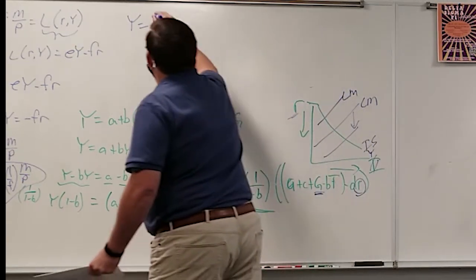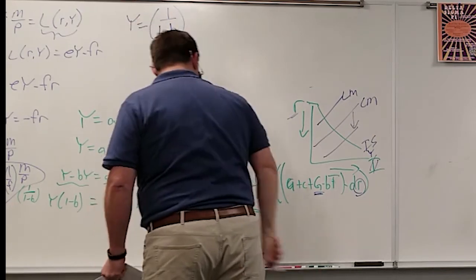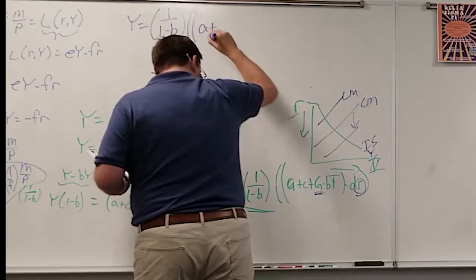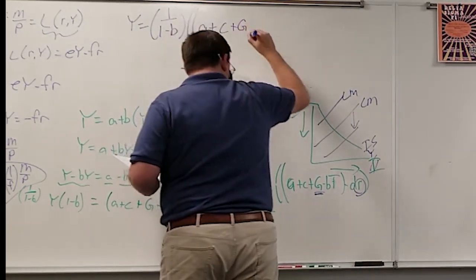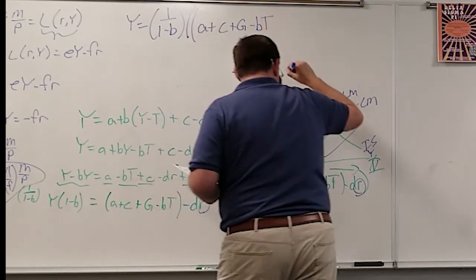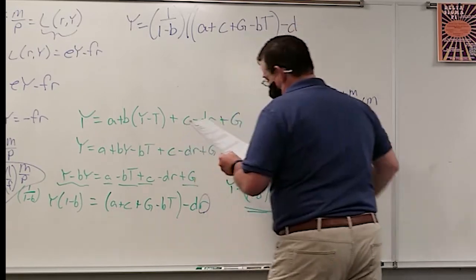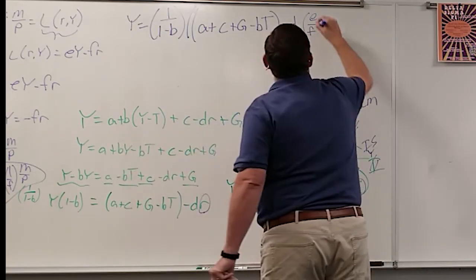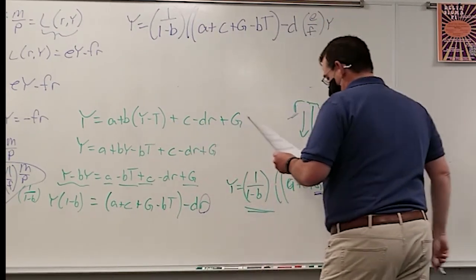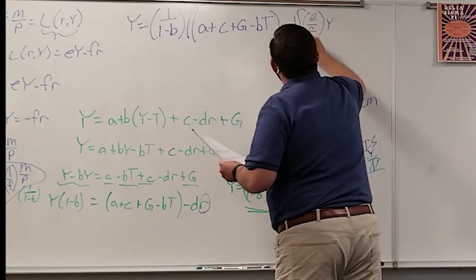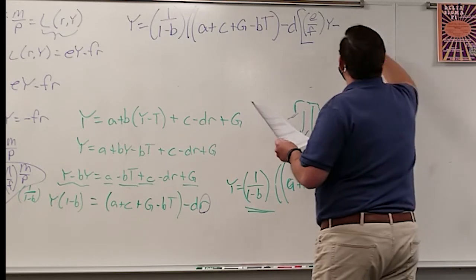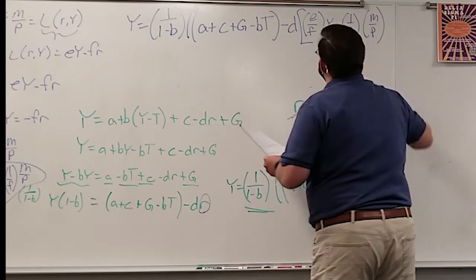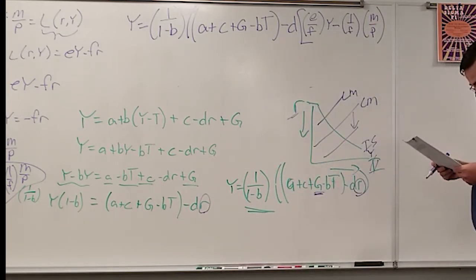Y equals 1 over (1 minus b), open quantities, A plus C plus G minus bT, close, minus D times E over F from over here times Y minus 1 over F times M over P, and that is a monster of an equation.